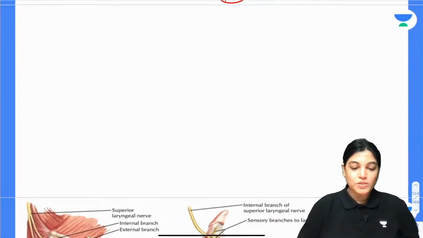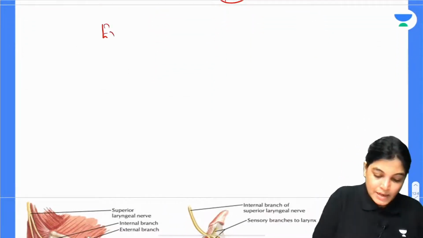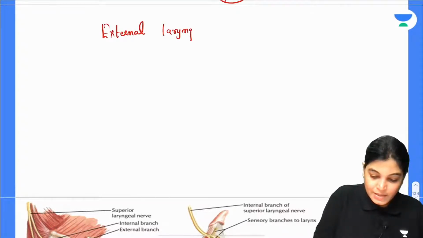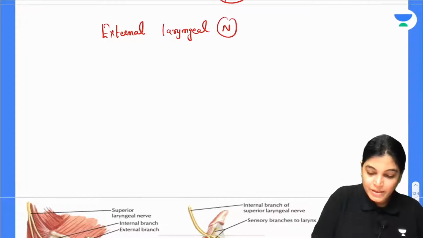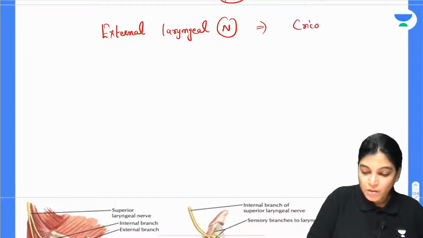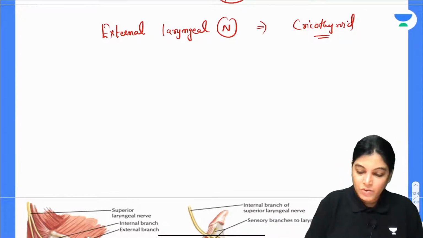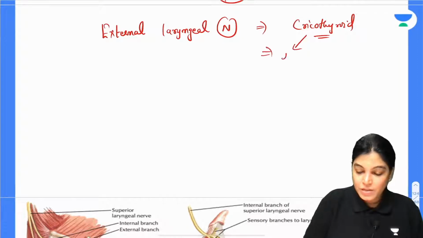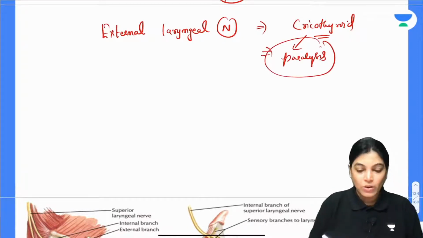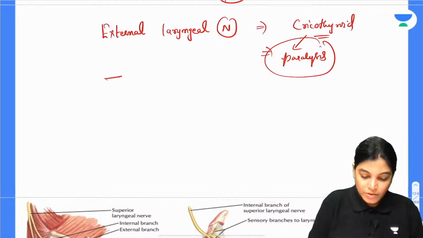Now, my dear aspirants, the external laryngeal nerve is giving innervation to which muscle? The cricothyroid muscle. Only one muscle is innervated by the external laryngeal nerve, that is the cricothyroid muscle, and when it is paralyzed, the action of the cricothyroid muscle is not possible. So what is the action of the cricothyroid muscle?